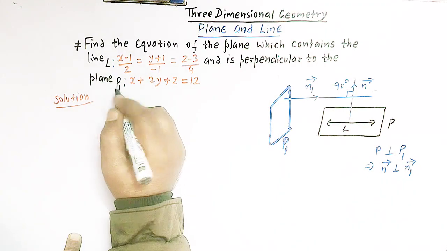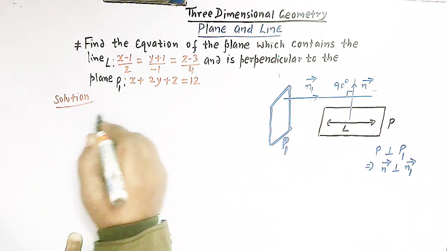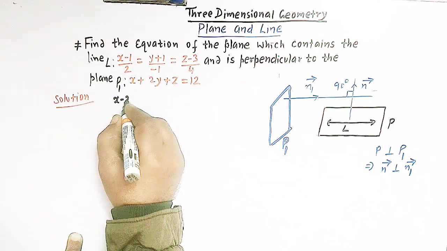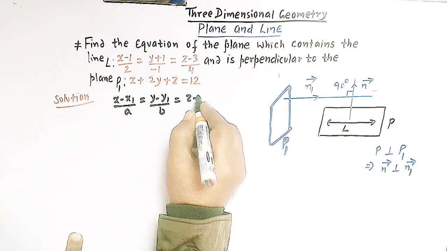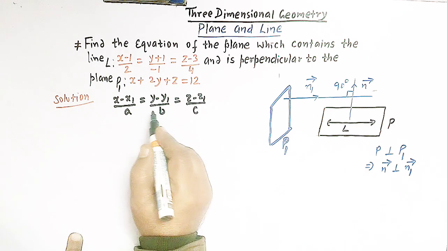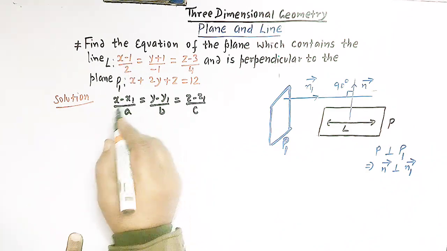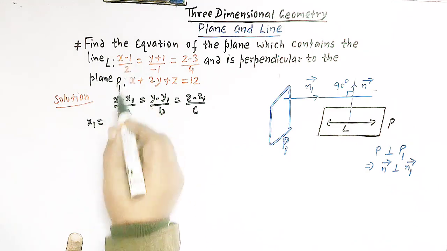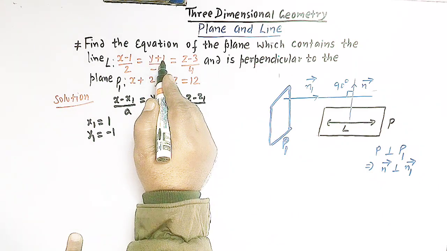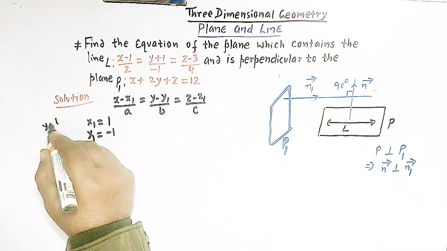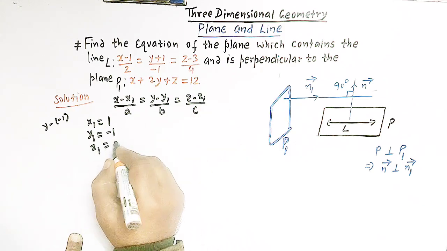Now let us come to the equation of the line L. The equation of the line L is given in the symmetric form, that is (x minus x1)/a = (y minus y1)/b = (z minus z1)/c. Comparing the equation of this line with the symmetric form, x1 is 1, y1 is minus 1, because here we have y plus 1, which can be written as y minus minus 1, and z1 is 3.